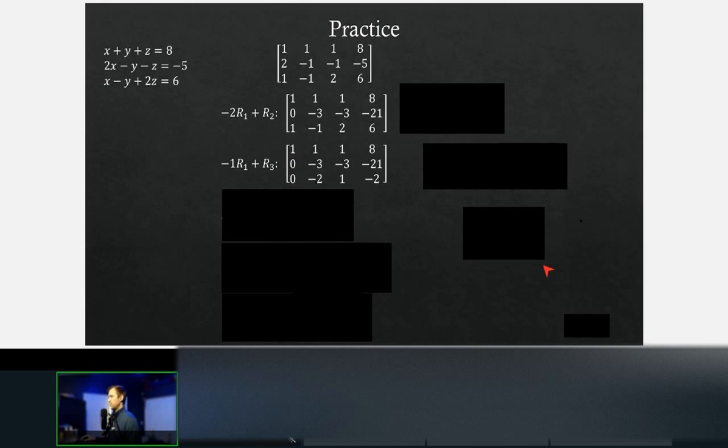So now what do we want to do? Like, what's our next goal? Not the operation, but what are we trying to do next? What is the next operation?